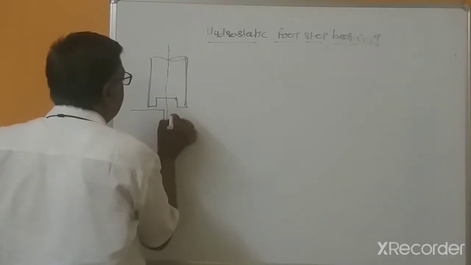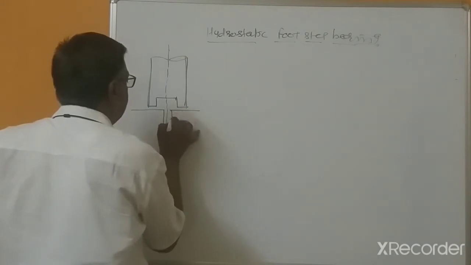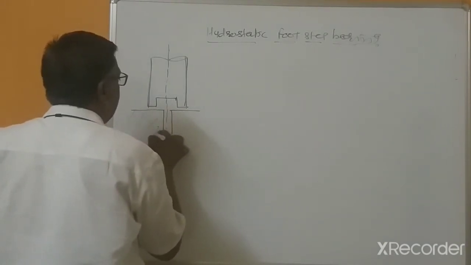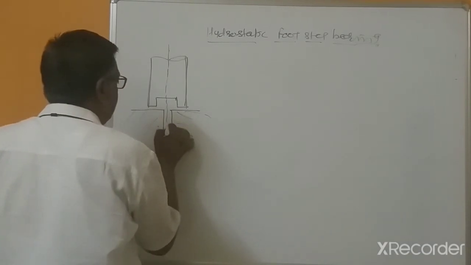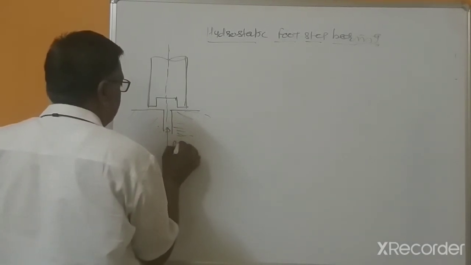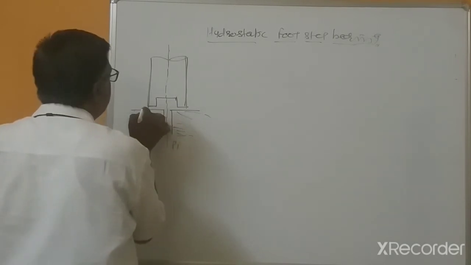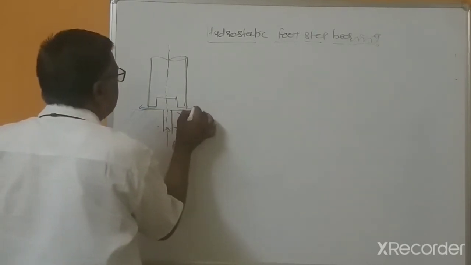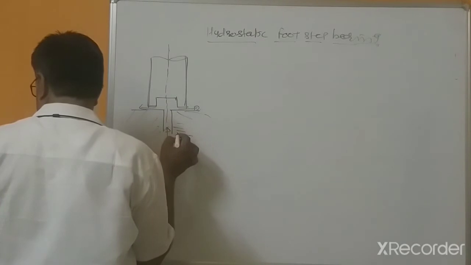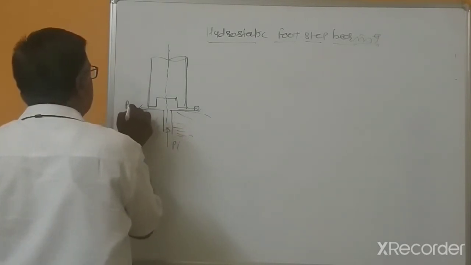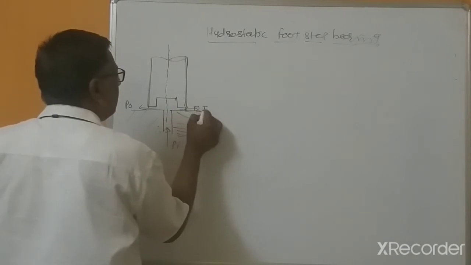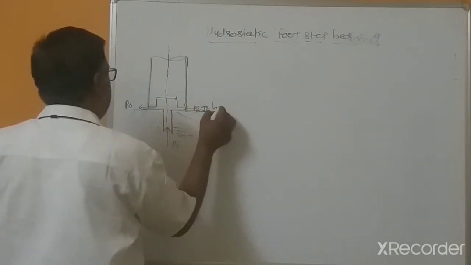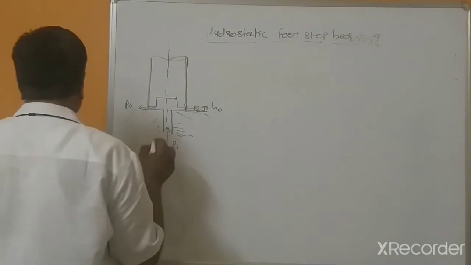This is the thrust bearing, and this is the pressurized oil, PI, entering, and this is PO, and this gap is HO.